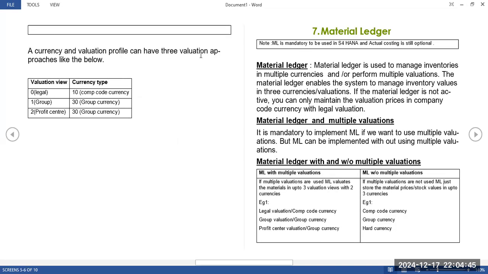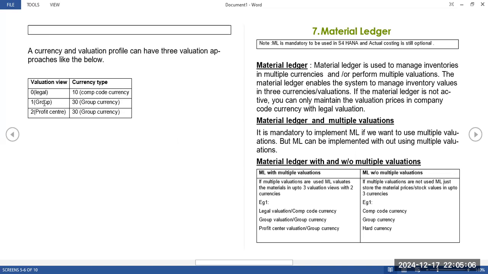A currency and valuation profile can have three valuation approaches like below. Valuation view 0 is legal valuation, and currency type 1 is company code currency. Valuation view 1 is group valuation, group currency is 3.